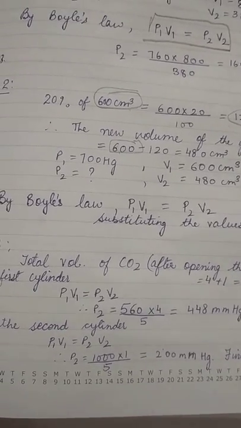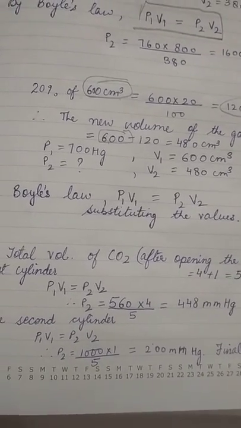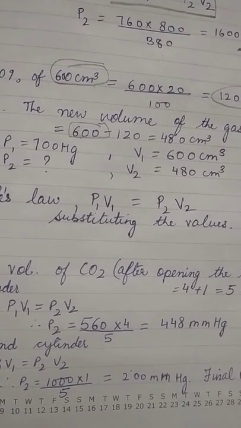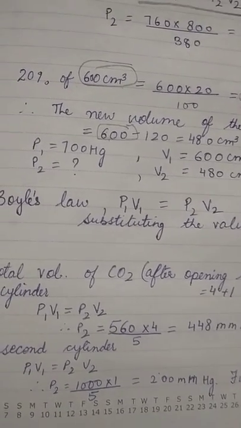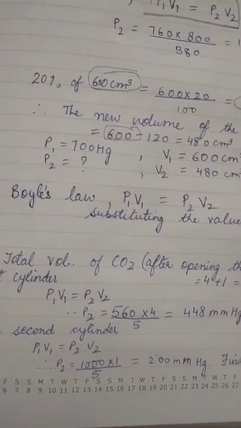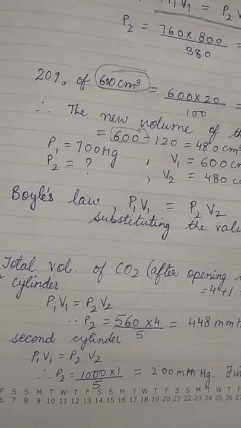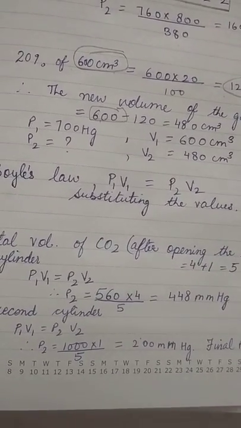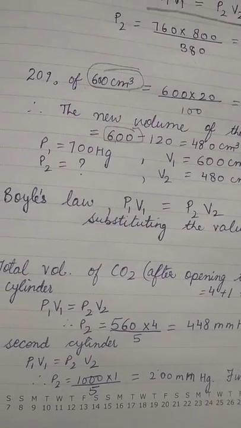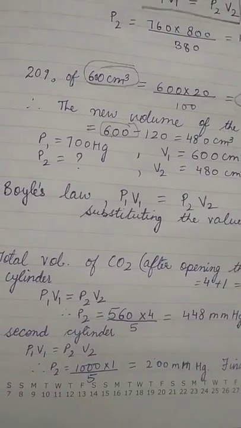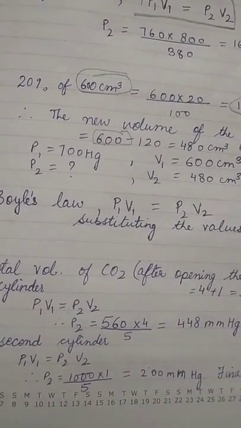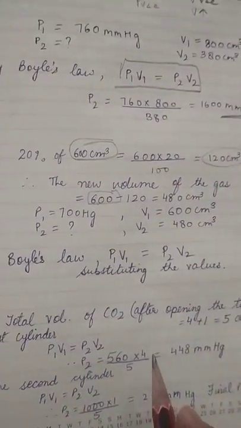So we take the total volume as V2 and the volume of one cylinder as V1, and in the second case the other cylinder. This is how we will be putting in the values.